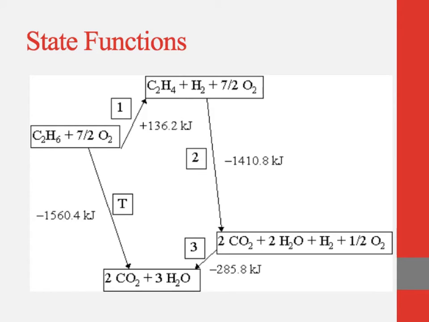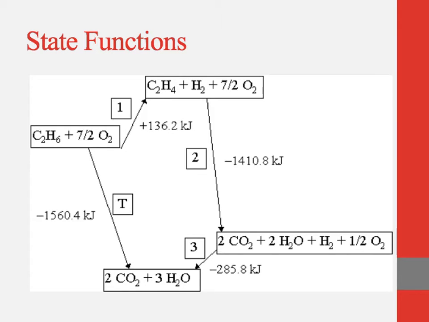Okay, so in this diagram, we're looking at the changes in energy. So you have potential energy stored in the bonds of products as compared to the potential energy in the bonds of the reactants. When we break bonds, we absorb energy, and when we make bonds, we release energy.